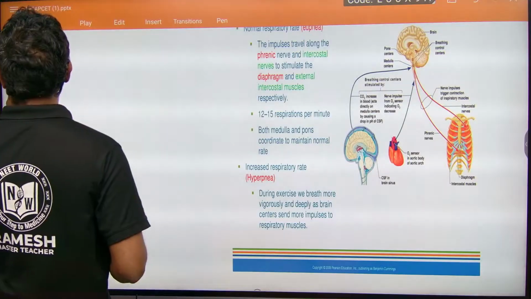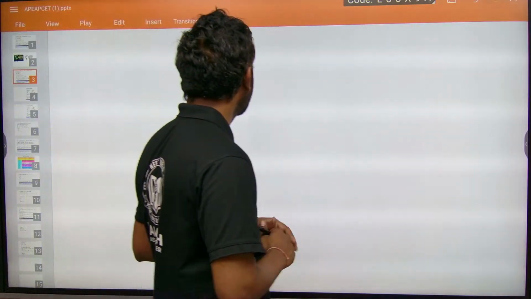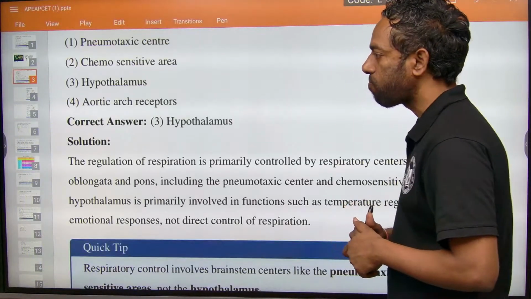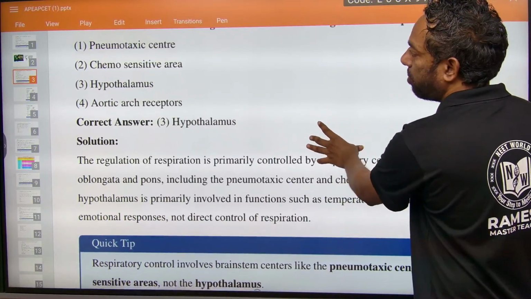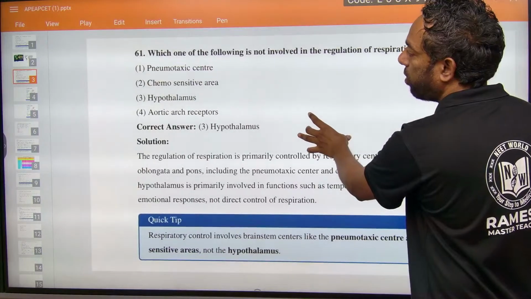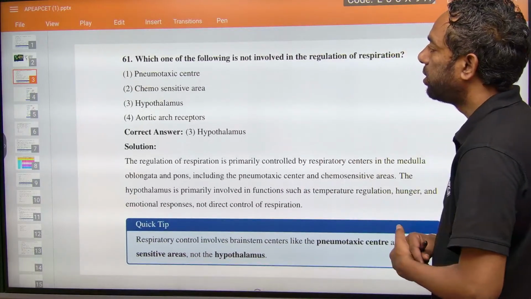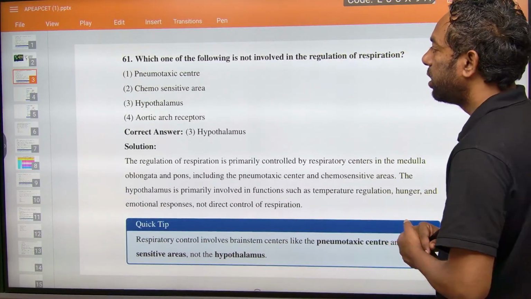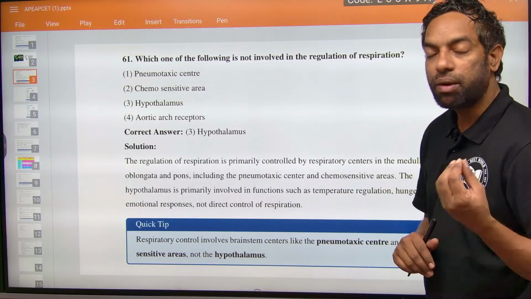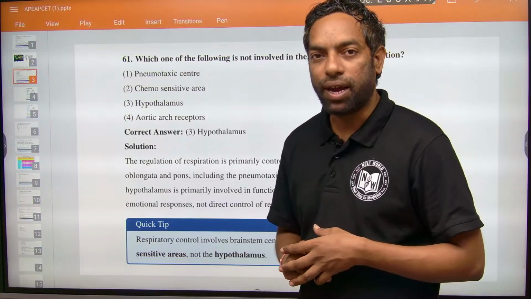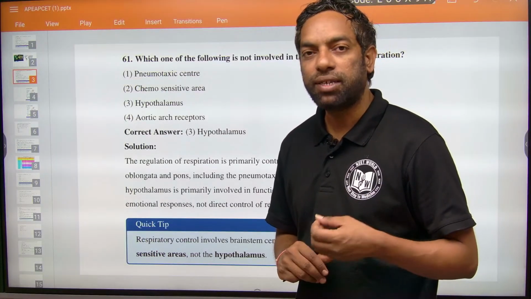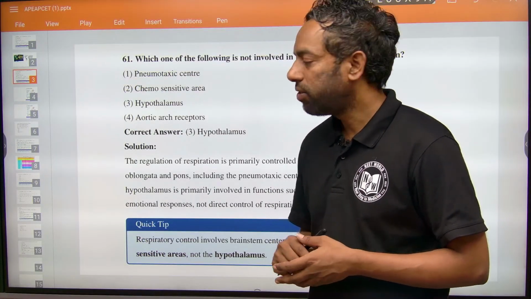So here we can go through the answer for this question. Just look here. Hypothalamus is not directly involved in this condition. There is the pneumotaxic center and the chemosensitive area. The chemosensitive area responds to the release of carbon dioxide; more carbon dioxide gives signals into the blood.